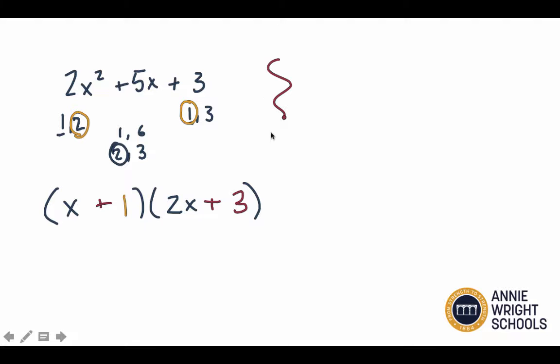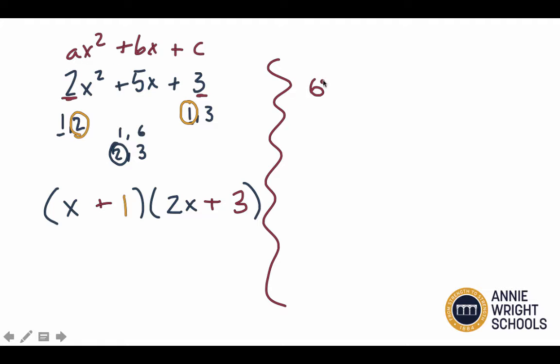Another way, the other way of doing this problem is taking 2 times 3, and that's 6, and look here, and think of the factors of a times c. So remember, ax squared plus bx plus c. Take a times c, which in this case is 6, and list the factors of 6.